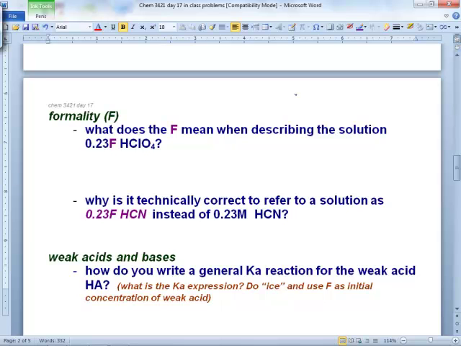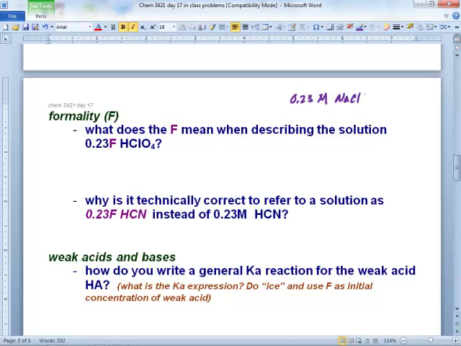If you write 0.23 big M of anything, I don't care, NaCl, you're saying that exact concentration is 0.23 molar. That this NaCl exists and its concentration is 0.23 molar.